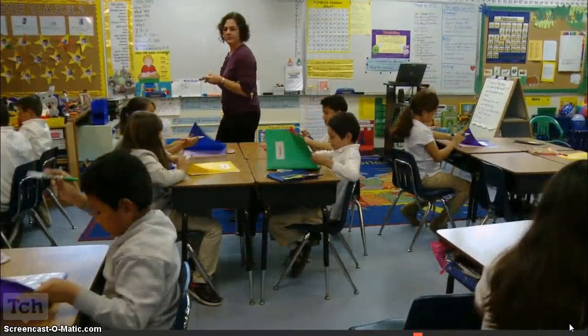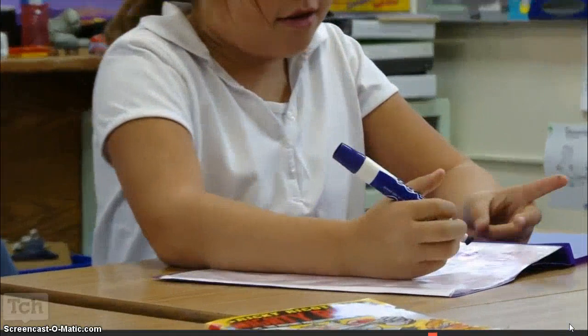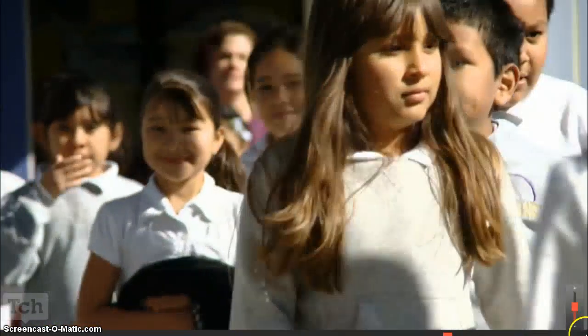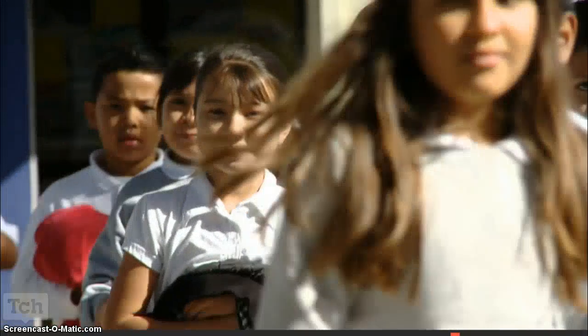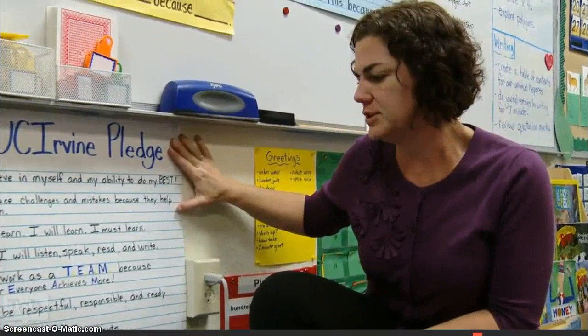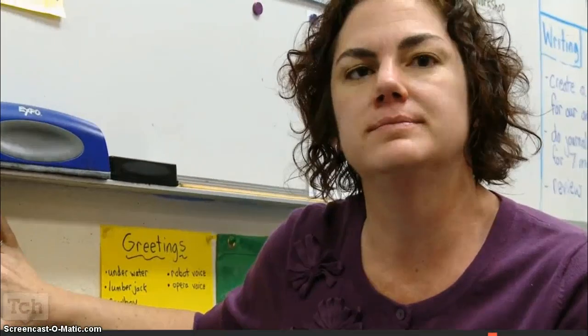So taking the time to really have students buy in to the idea that we're on a journey, and if we're all doing the things we're supposed to do, we're going to get where we need to go. I am too focused on my hopes and dreams to waste today. I am college bound.